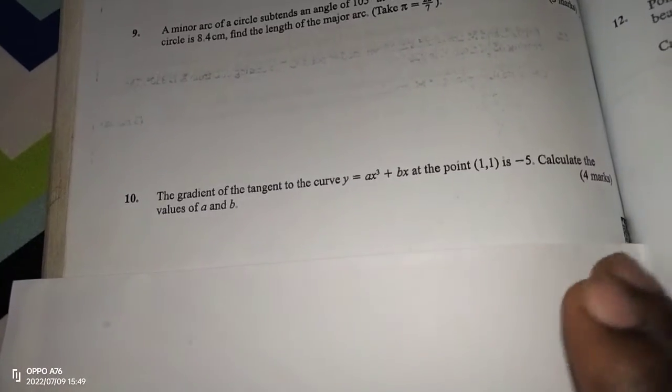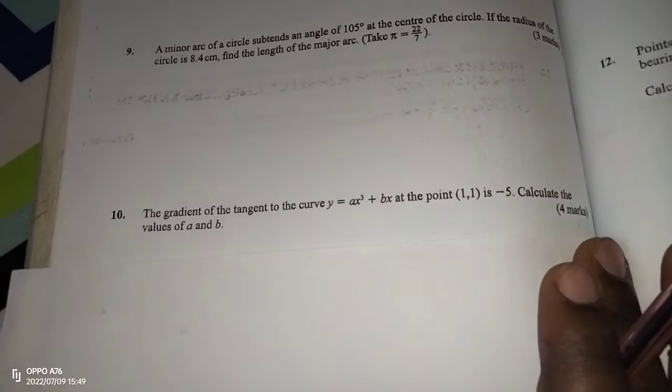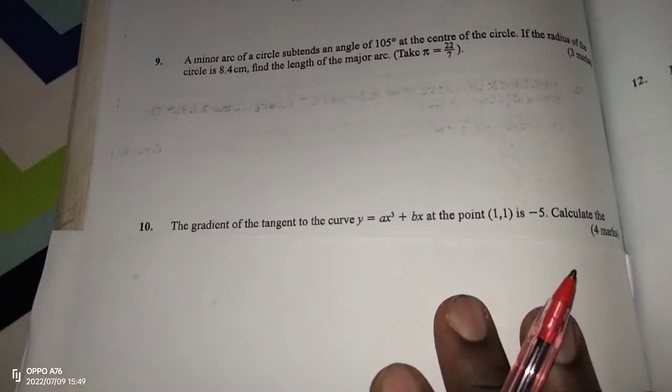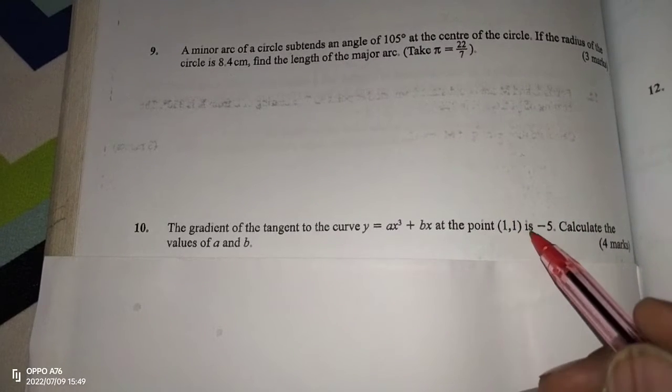So for us to calculate the values of a and b, we should first of all understand this question. Because there is already a provided coordinate, we can come up with several equations, and the first one will follow this coordinate because we have the value of x and that of y.